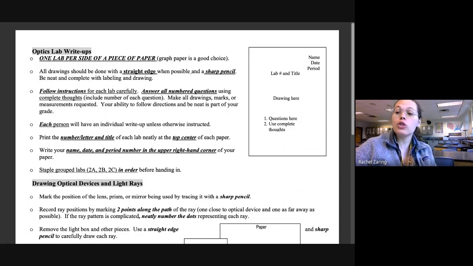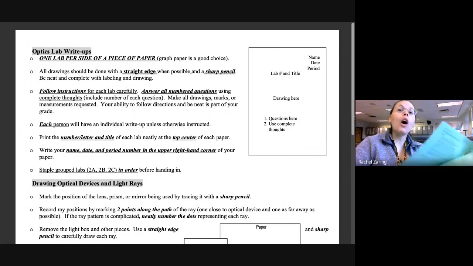You need to follow the instructions for each lab carefully. Every single lab will have a background, as you can maybe see looking ahead on 1A, images in a plane mirror. You have your background section. If you forget any part of the explanation that's given to you, you have numbered steps, 1 through whatever, to walk you through what you need.